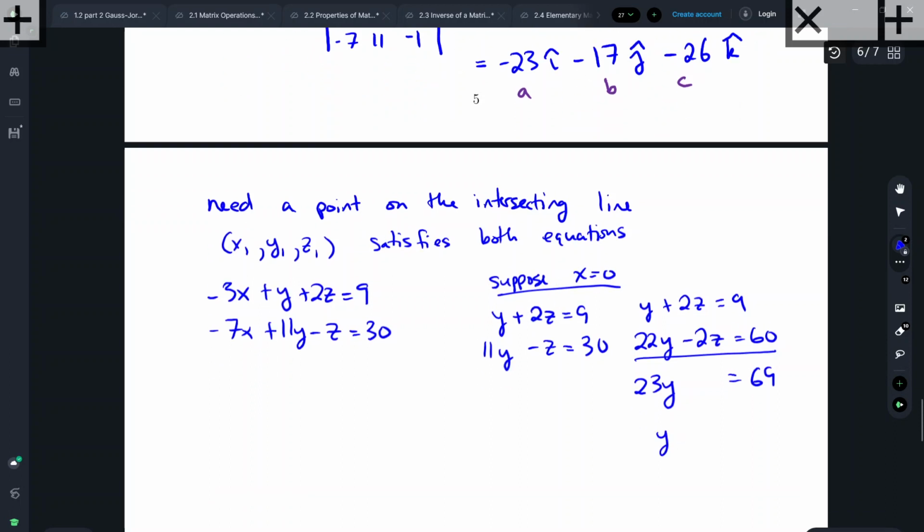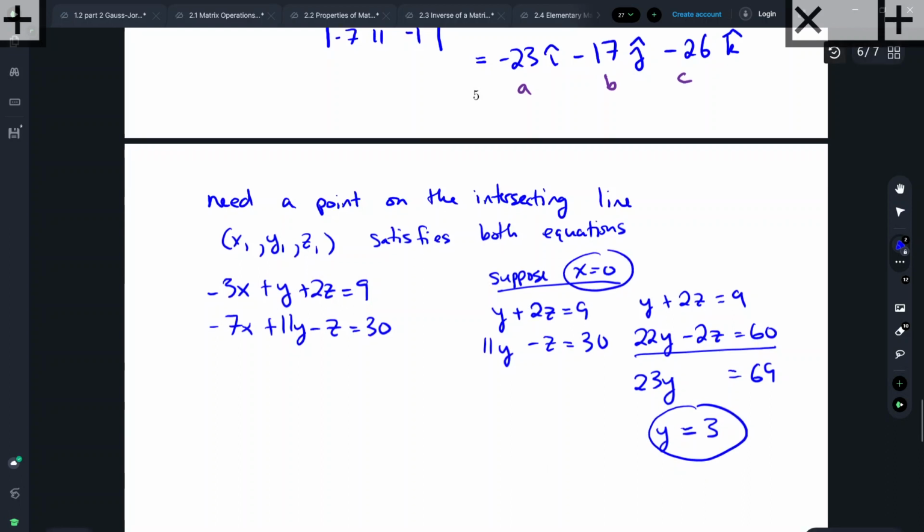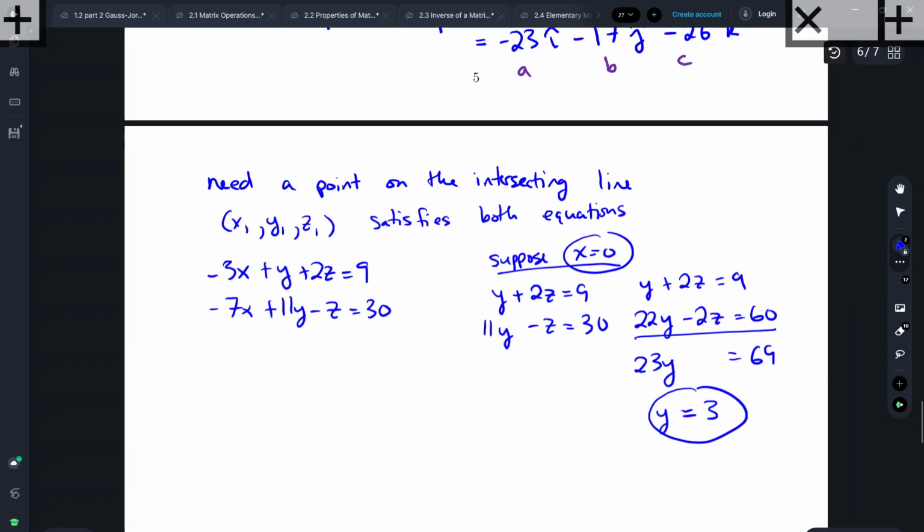So dividing by 23, you get y is equal to 3. So x equals 0, y equals 3, and now we can calculate z, plugging it into here. So 3 plus 2z equals 9, so 2z is equal to 6, meaning z is also equal to 3.